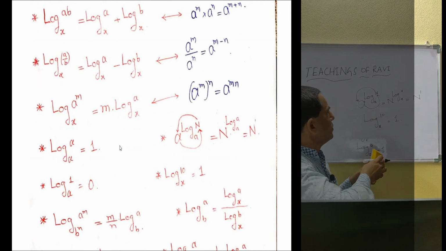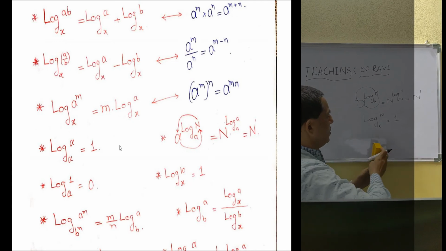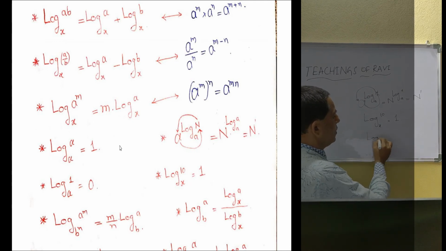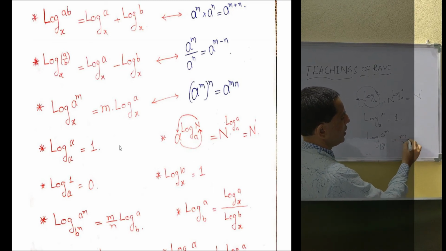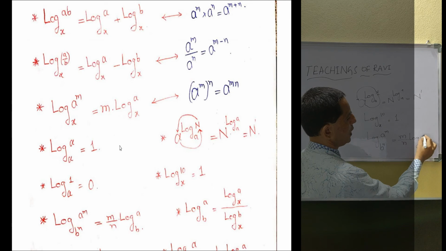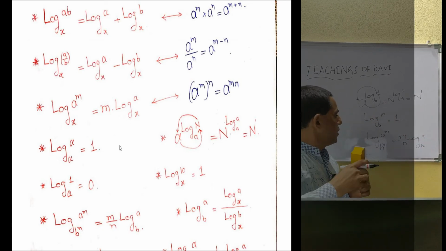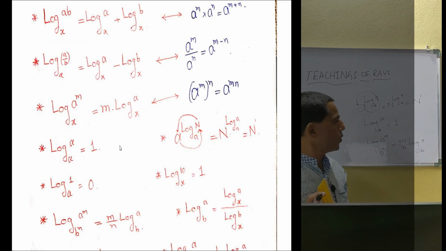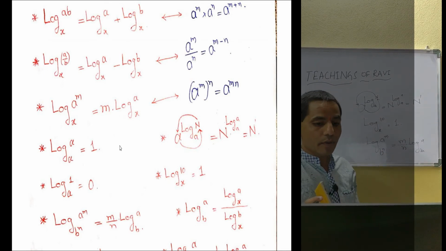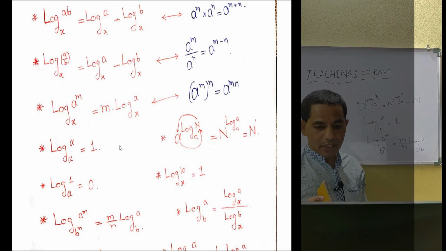Next one more: log a to the power of m base b to the power of n is equal to m by n into log a base b.